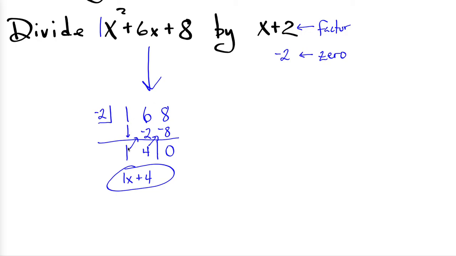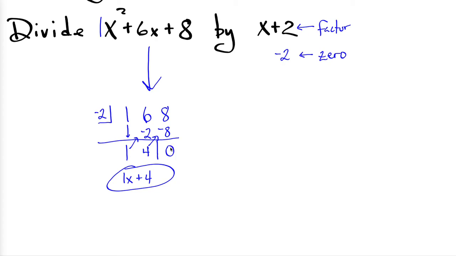So you bring down the first term, which is a 1. Multiply negative 2 times 1, and you get negative 2. And then you're going to add down, kind of like what I did over here: 1 and 0, 6 and negative 2 is 4. I'm going to take that answer times the box and get negative 8.